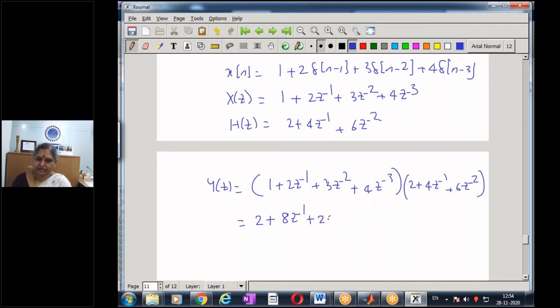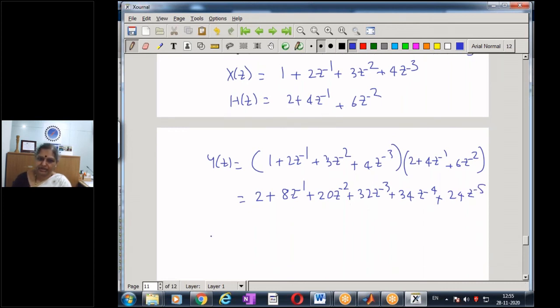Continuing, I get 20z power minus 2 plus 32z power minus 3 plus 34z power minus 4, and the last term is 24z power minus 5. So this is the product, and the inverse Z transform of Y of z gives me the convolution sum 2, 8, 20, 32, 34, 24.